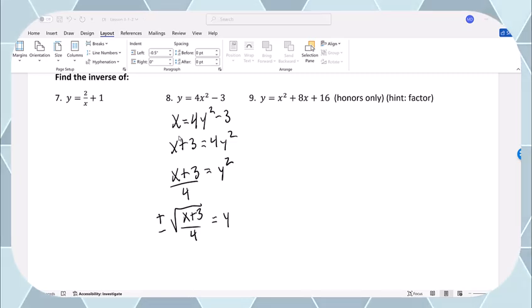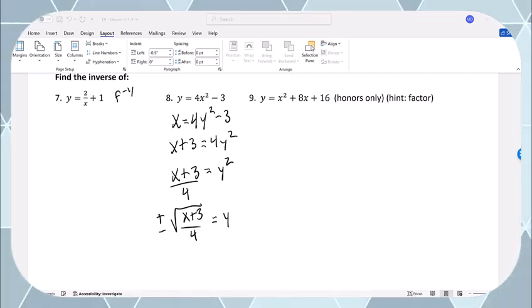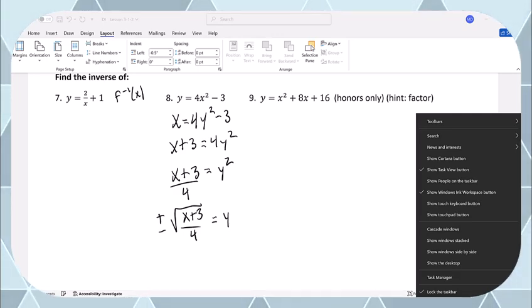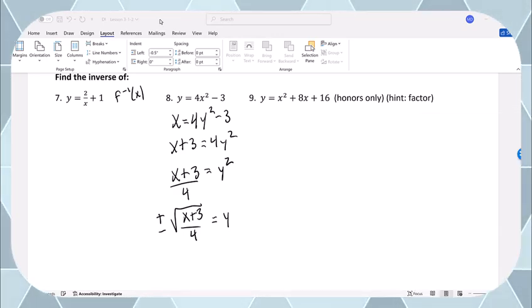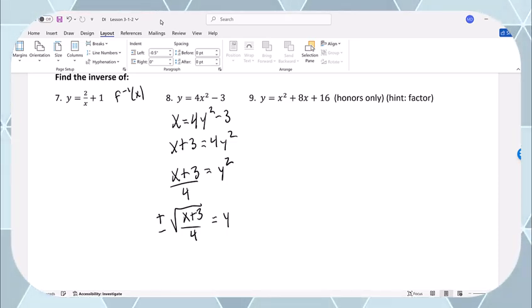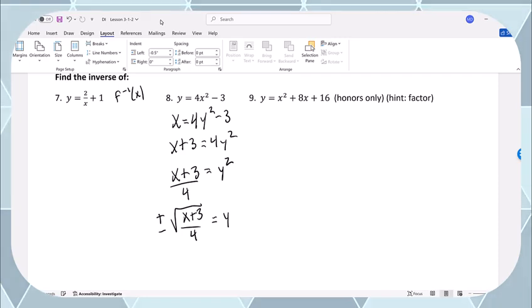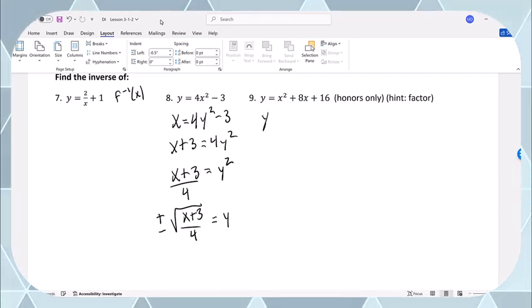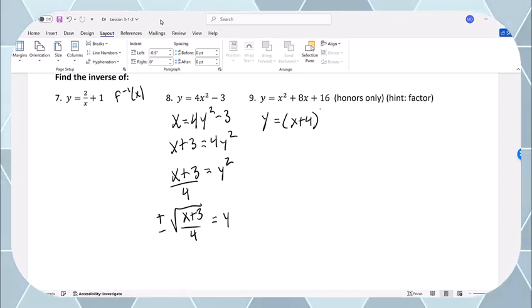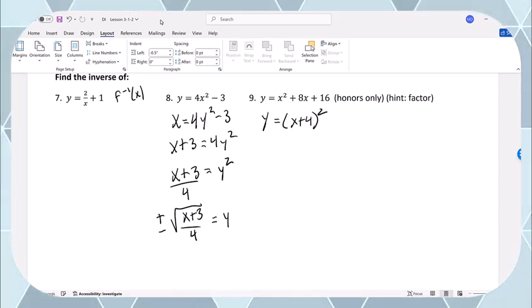For this one, I could write it with my inverse notation, because when you solve it, you're not going to get that plus or minus. Now for number 9, it says the hint being to factor it first. And so before you switch the x and y, this actually factors into that. A times c factors that add to b.